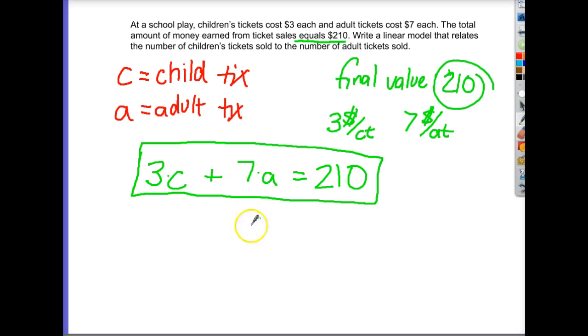I can change this to slope-intercept form if I want, and that's fine. The difference here is there's no independent or dependent variables. The amount of children's tickets sold does not affect the amount of adults tickets sold, and vice versa, right? It doesn't matter how many adult tickets I sold. That doesn't affect how many child's tickets I sold. But we do know this equation here. Good.